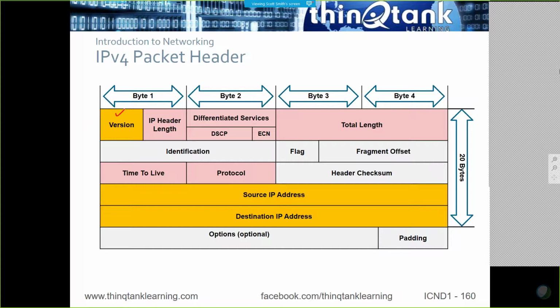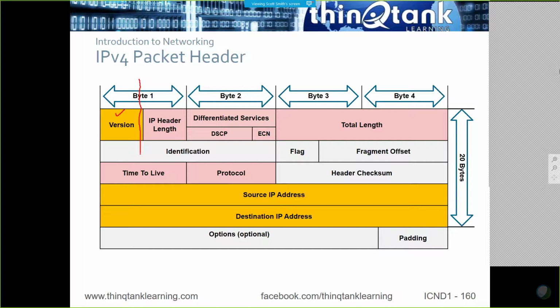Now, we already talked about this, right? There are 2 versions of IP, IPv4 and IPv6. This is a 4-bit field. You guys see that, right? The first byte is split into 2 pieces. You agree with that, right?